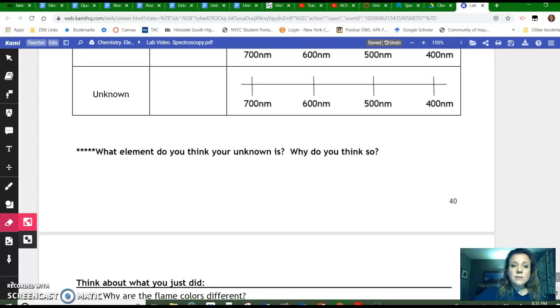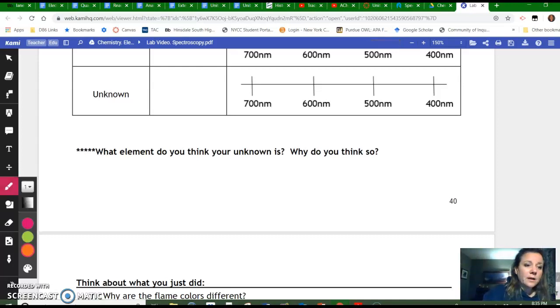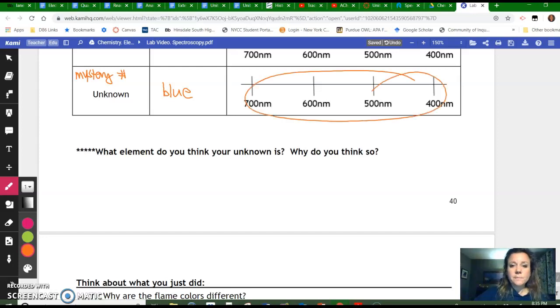But if you go all the way to the bottom, you'll notice that we have an unknown. So each lab station is going to receive a vial that has a mystery number on it. You need to write the number here above the unknown. So here's your mystery number. Tell me what the color of the flame was. And then you have to add the spectrum.